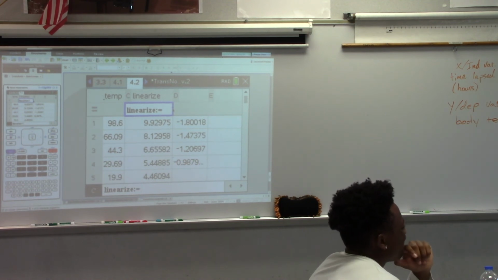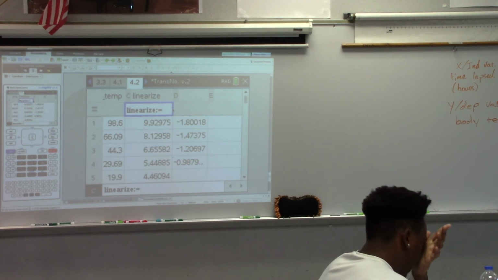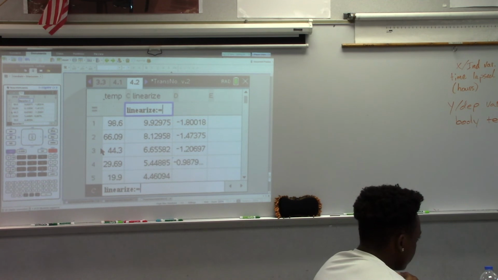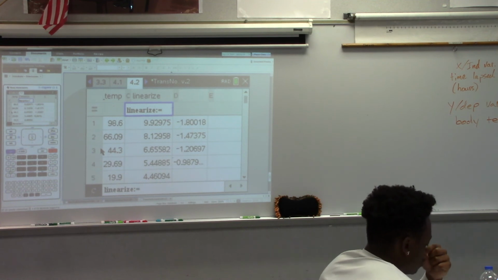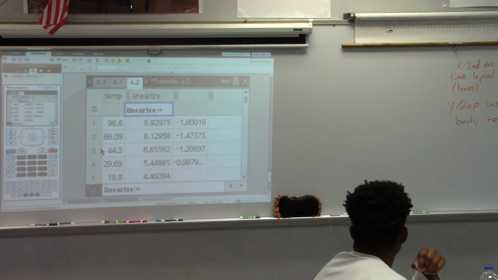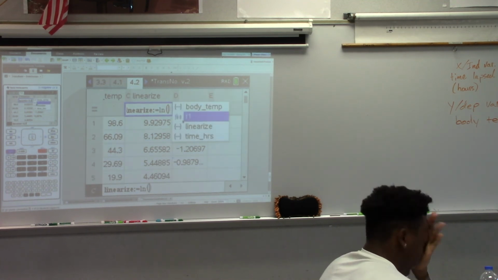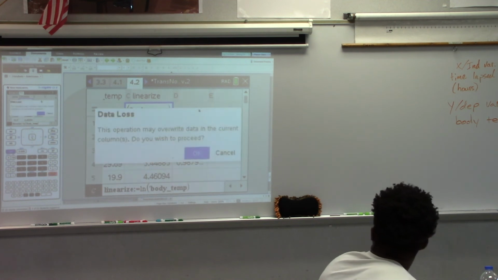There's a logarithm. Specifically, I told you it was going to be the natural log, which symbol do we use for the natural log? ln. Remember, ln is above e to the x. So if you hit control and e to the x, that's going to give you the ln, or natural log, of the body temperature.